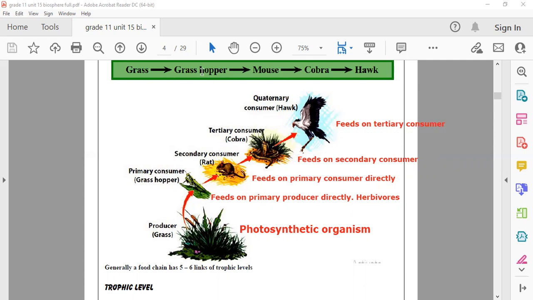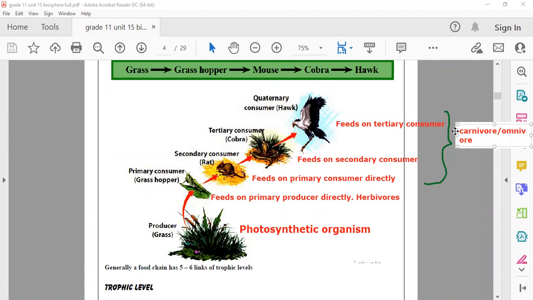So these ones, that means the secondary consumer, tertiary consumer, or quaternary consumer, can be a carnivore or can be an omnivore.